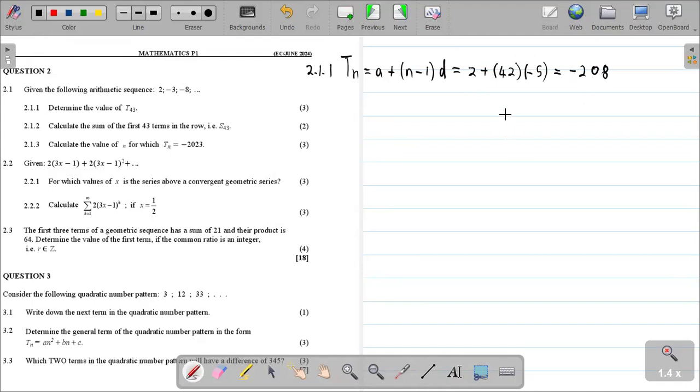Okay. So 2.1.2, they say calculate the sum of the first 43 terms. Okay, so we should use the formula here. Sn equals to, we should go to the formula sheet.